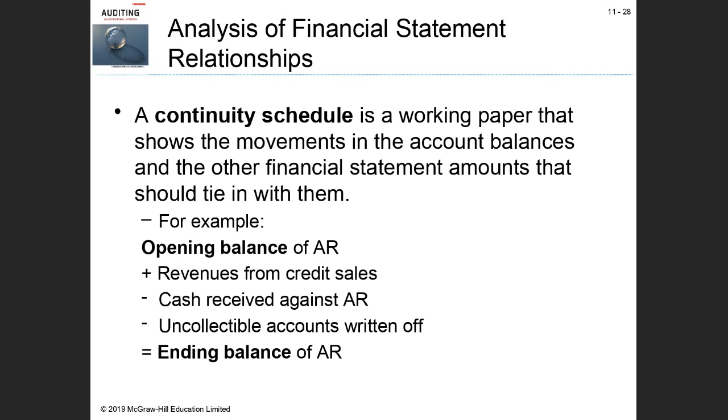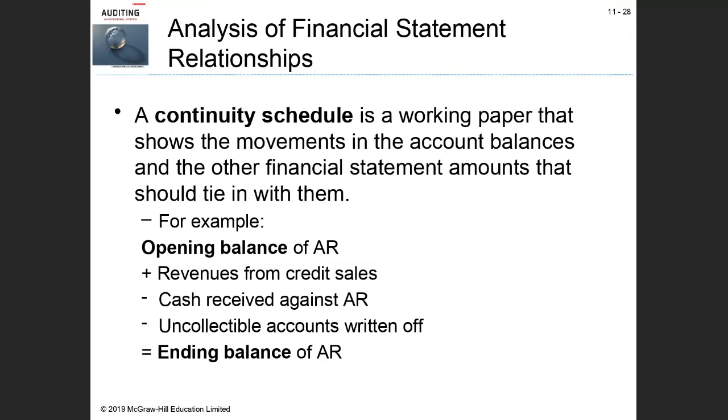And so auditors will look at this continuity schedule and compare it to the prior year, right? Or you could do a continuity schedule for a month. Take your December 1st balance, add your December credit sales, minus your December cash collections, minus any accounts written off. You would get your accounts receivable at the end of the month.